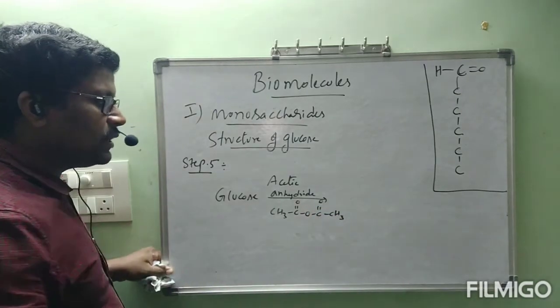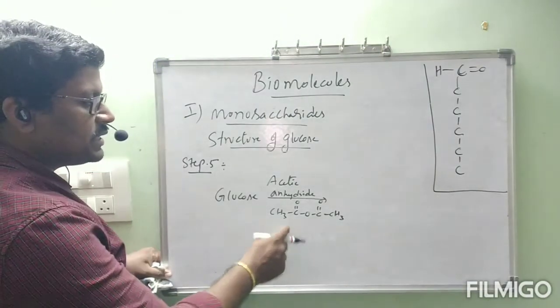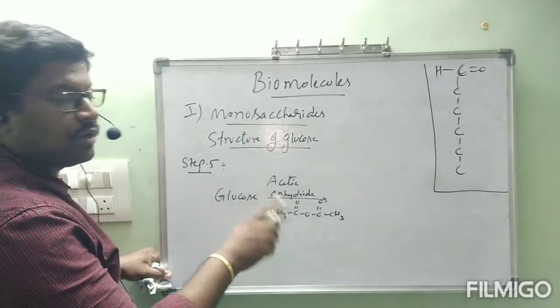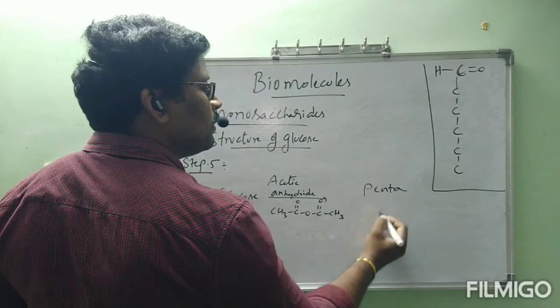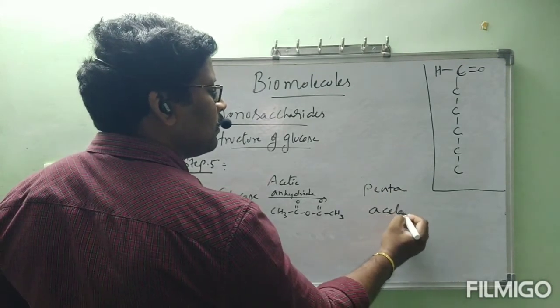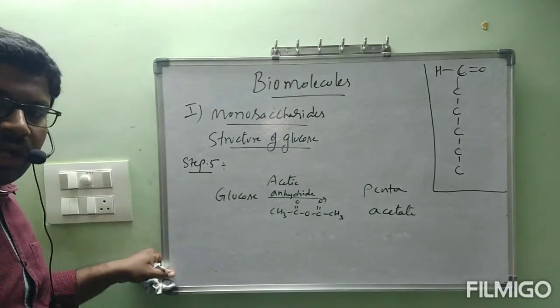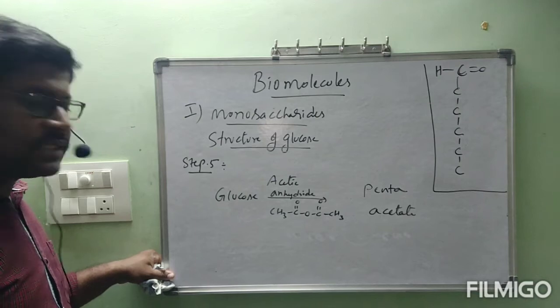So many times we have written the anhydride formula, particularly the acetic anhydride formula. This is the acetic anhydride formula. Glucose reacts with acetic anhydride. We got pentaacetate.